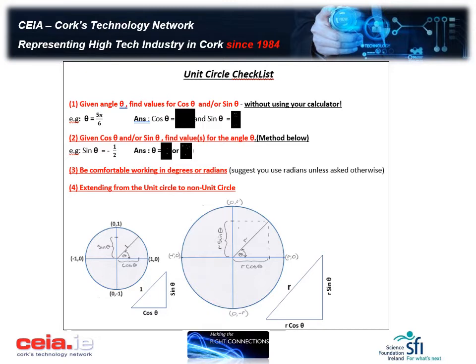And the idea is that you keep this checklist in a folder or somewhere, and periodically pull out the checklist and test yourself on it to check that you still know how to do these core skills.